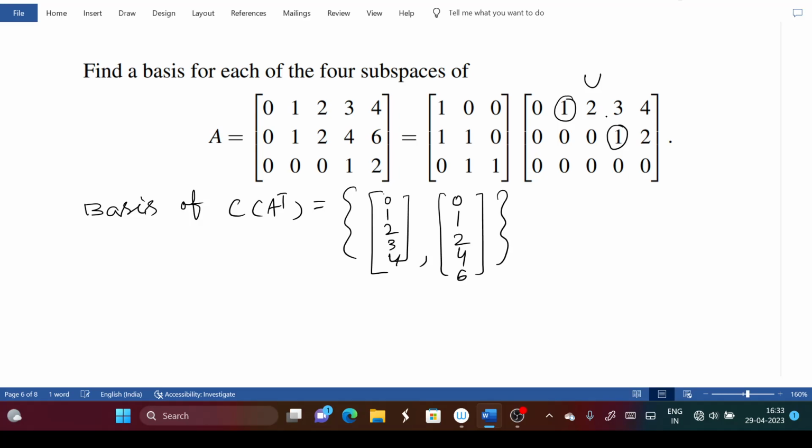This is the basis of row space. And basis of column space, what are the pivot columns? That is first and third, sorry, second and fourth. That is 1, 1, 0, comma 3, 4, 1.